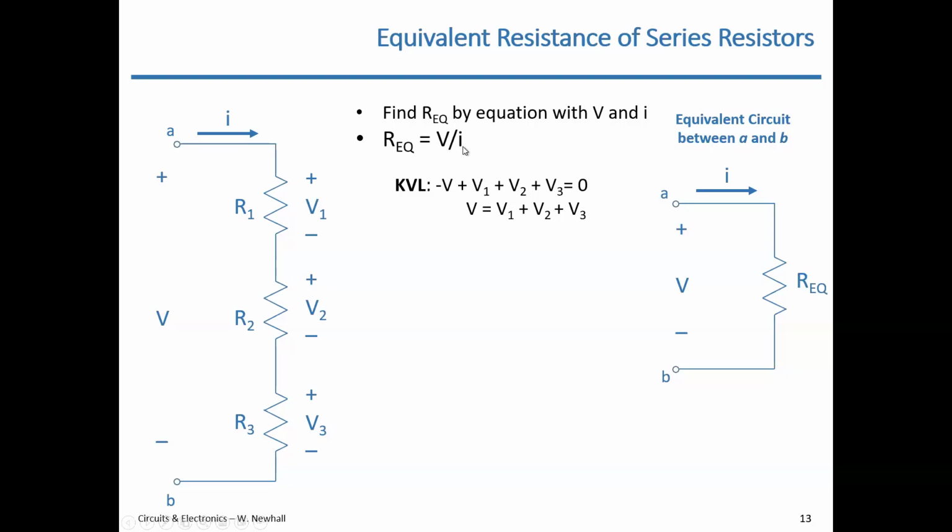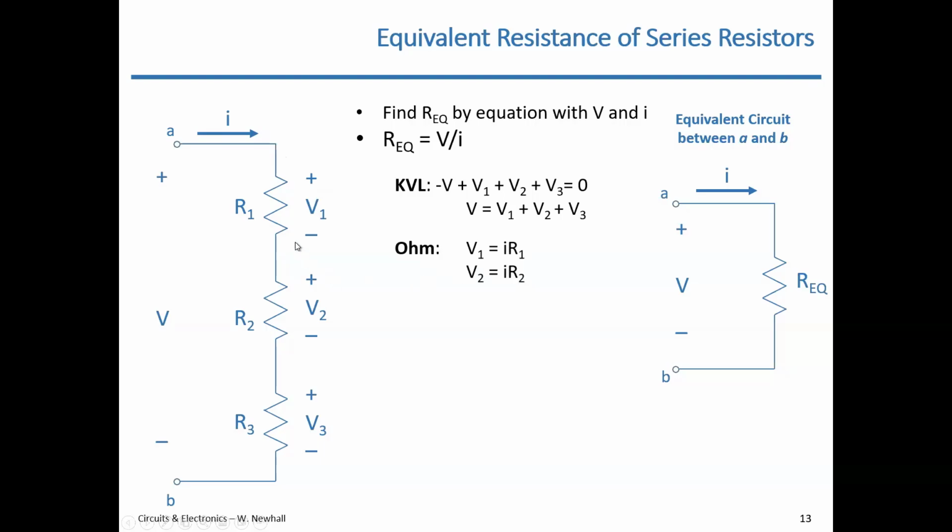So to get that I term in this equation, I'm going to use Ohm's law. If I look at this, current I goes down through R1, and I can write a relationship between I, V1, and R1. By Ohm's law, V1 equals I times R1. I comes down, V1 is I times R1.